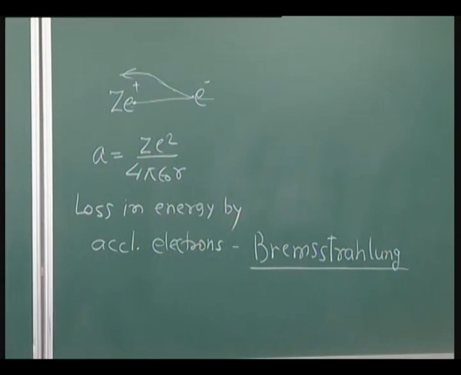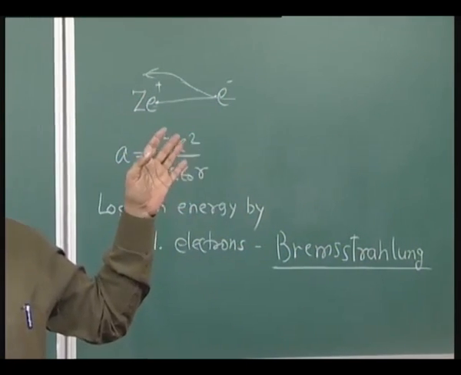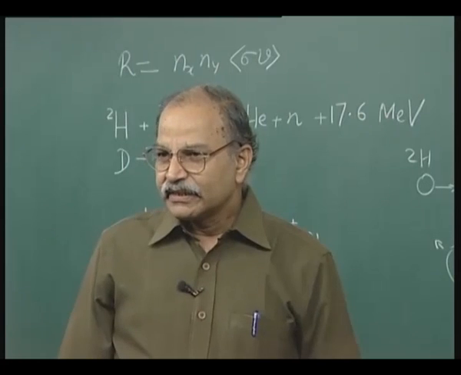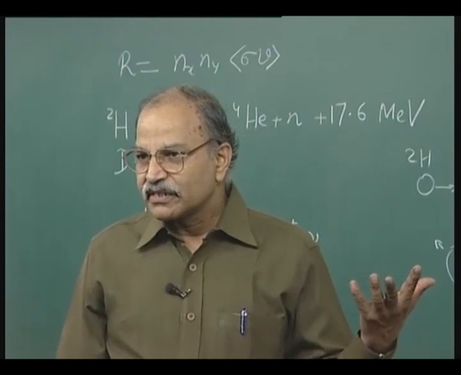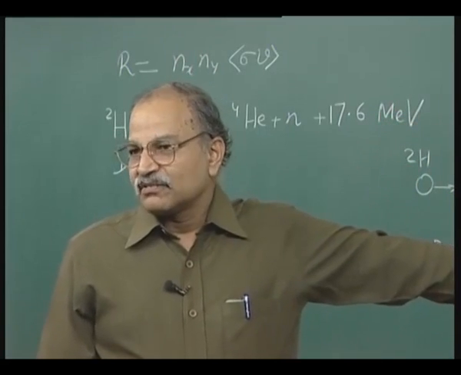Bremsstrahlung radiation. So, energy is coming out and one can make calculations. The electromagnetic wave equations are there, radiation from accelerated charge, and one can work out how much will be the total loss because of this.